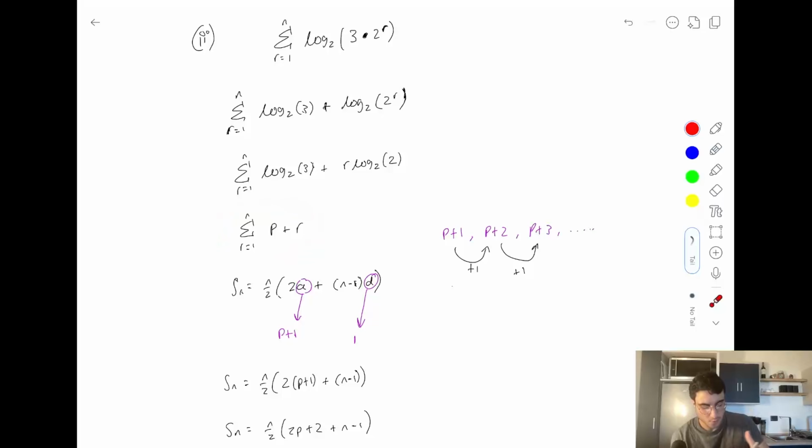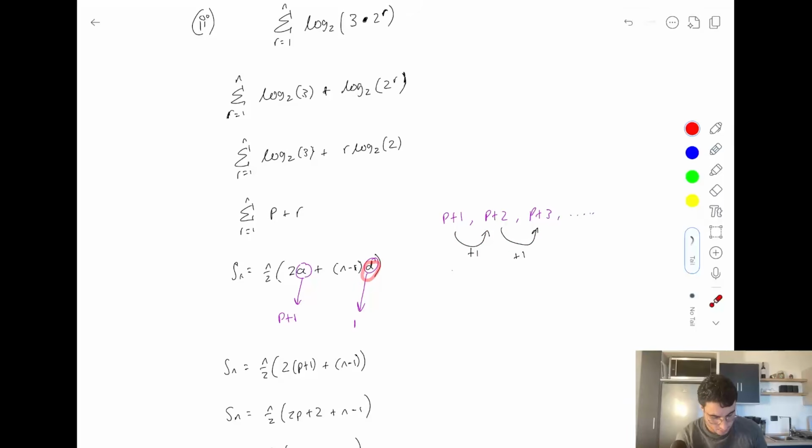The way this actually looks is r equals 1, counting up to n. So we've got p plus r, where r equals 1 here, r equals 2 here. So if we have a series, our difference is 1 each time. That's d.